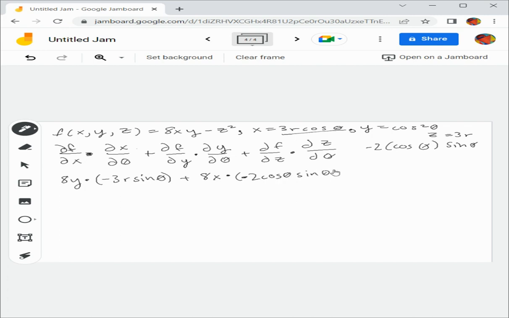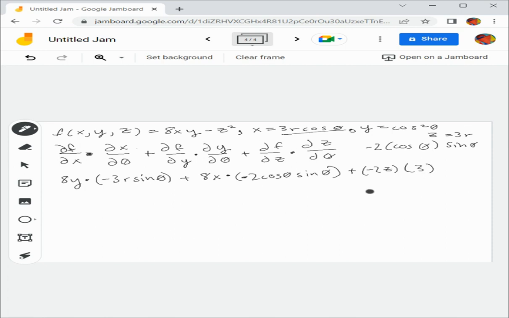Funny enough, with this, I can do the double angle formula and make this a sine. We'll see if that's needed. I don't think it's needed. That's why I didn't want to talk too much about it. But if it's needed, then we have it.